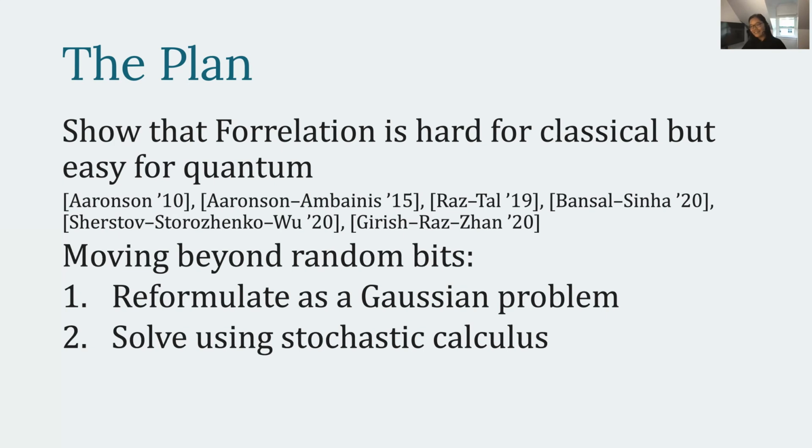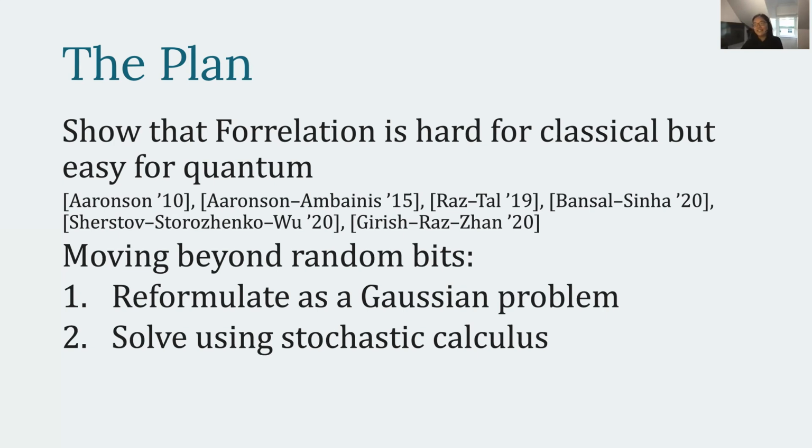Then step 2 of the solution is another change in perspective: these bits are not just going to come from a real distribution rounded into ±1, but we're going to generate the bits using a stochastic process. I'll go into a lot more detail about all of this later.